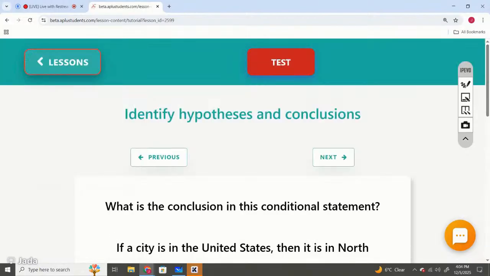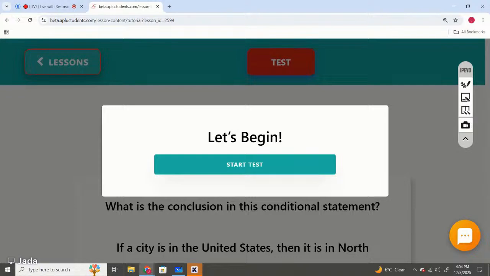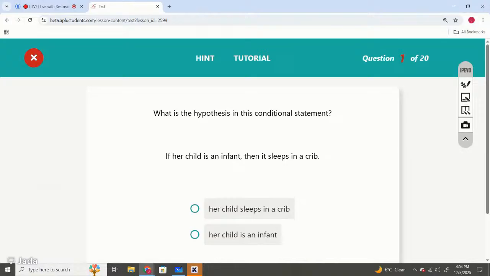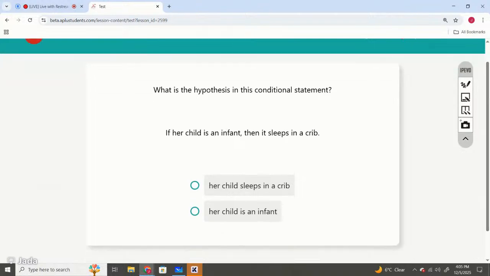Let's just start with the test questions. What is the hypothesis in the conditional statement? If her child is an infant, then it sleeps in a crib. We need to find the hypothesis.